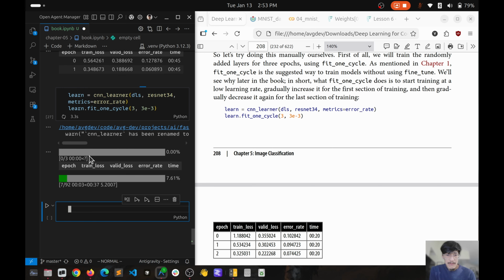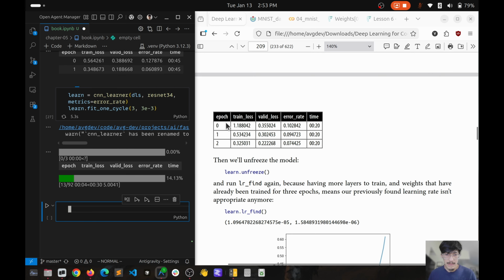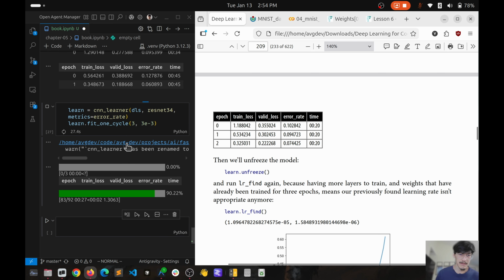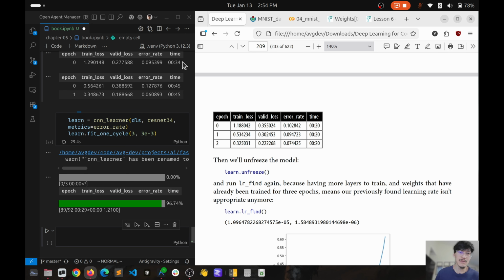This will just train the last layer. By default, the pre-trained model has all its layers frozen, so only one of these layers is being trained in this case. And that's why this is usually faster.